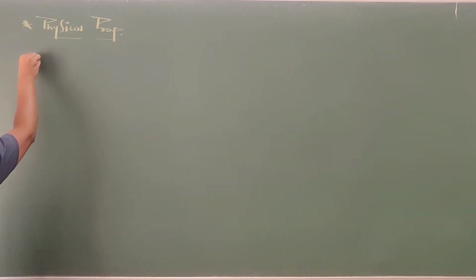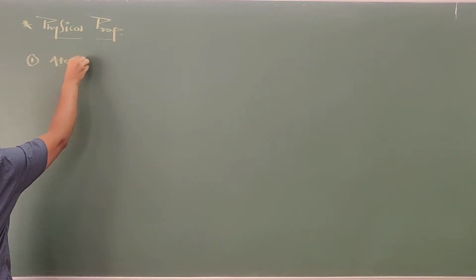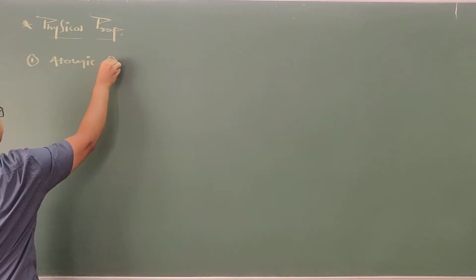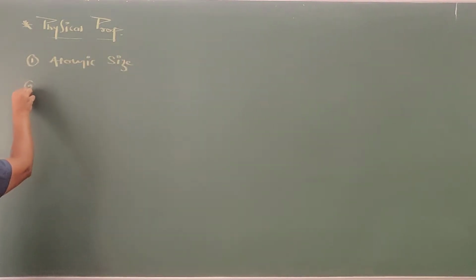So which are the physical properties? The first one is atomic size. The second one is ionization enthalpy.